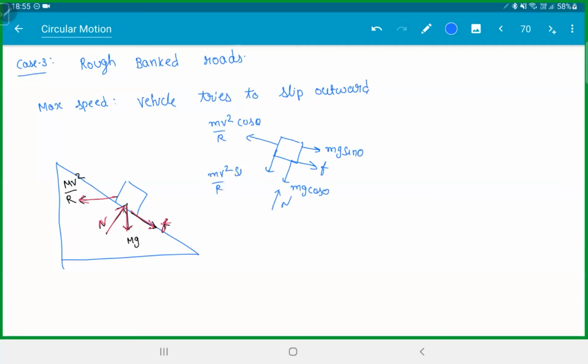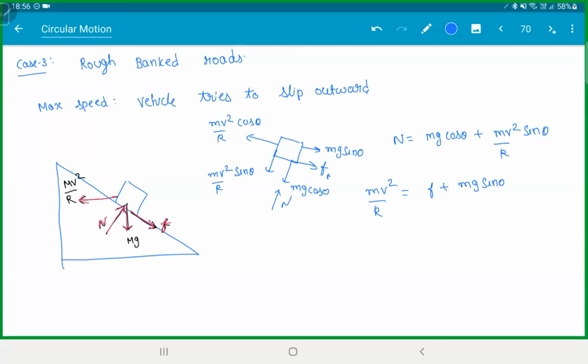So the normal reaction is not mg cos theta. So we get N is equal to mg cos theta plus mv square by r sine theta. And here the centrifugal force component which is pulling it out, mv square by r cos theta, will be friction plus mg sine theta.